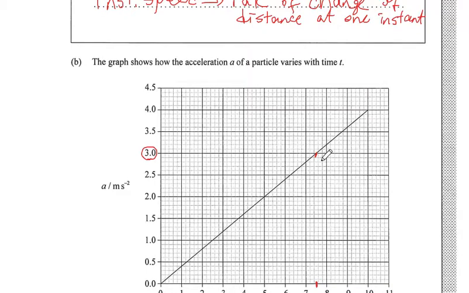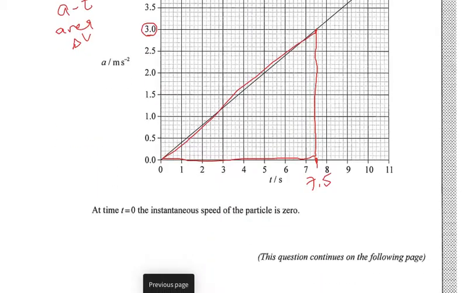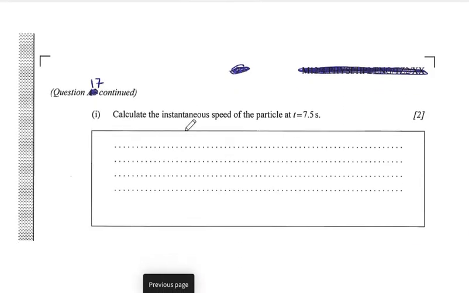Now there's changing acceleration, and we know if we have an AT graph, its area gives the change in velocity. So we're basically going to find the area of this triangle right there, using the height and the base, which is 7.5, and divided by 2 because it's a triangle.